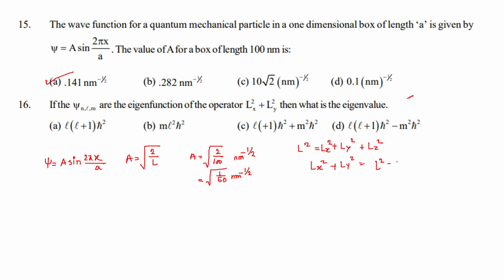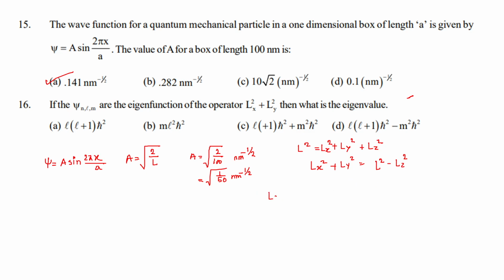Total angular momentum square minus this component square, Lz square. Now we actually know this very well: the eigenfunctions, when it operates on psi nlm, what kind of eigenvalue does it generate?